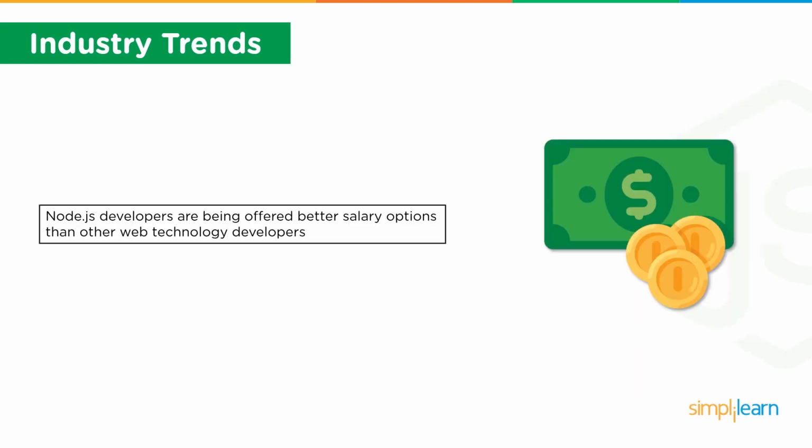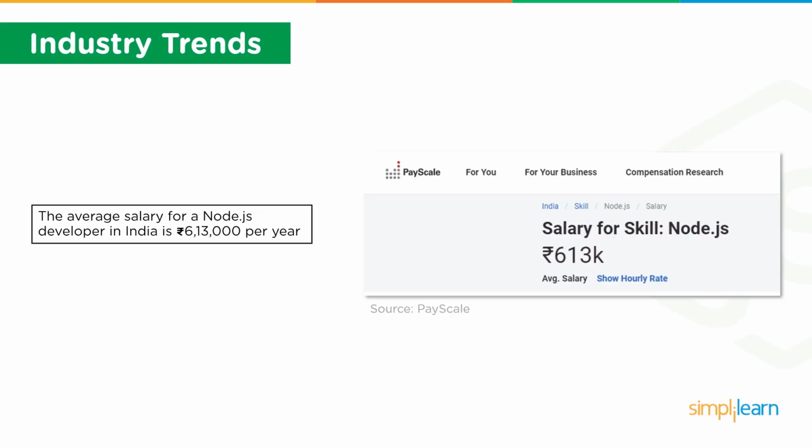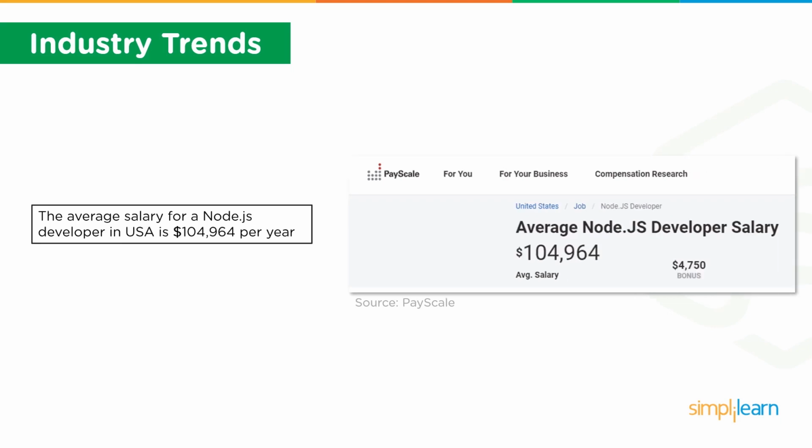And what we're finding is that Node.js developers continue to get more and more salary options. You can see here that in India, the average salary option is around 613,000 rupees, which is phenomenal. And in the United States, a mature Node.js developer can easily be looking at a salary of 104 thousand or more a year.